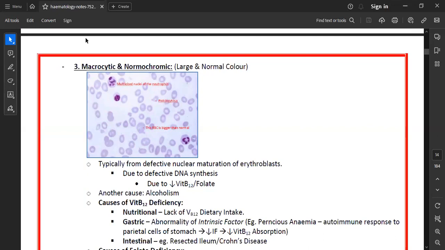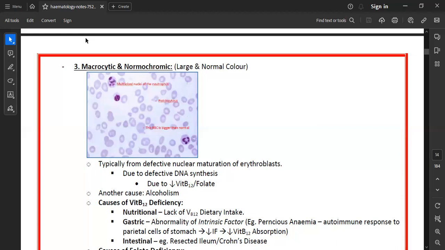So if you don't consume enough of that... Another factor is pernicious anemia, which is an autoimmune response to the parietal cells of the stomach, which leads to reduction of the intrinsic factor, consequently leading to reduction of the absorption of vitamin B12.